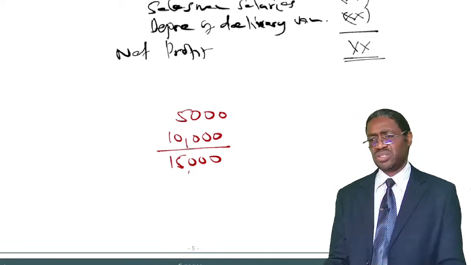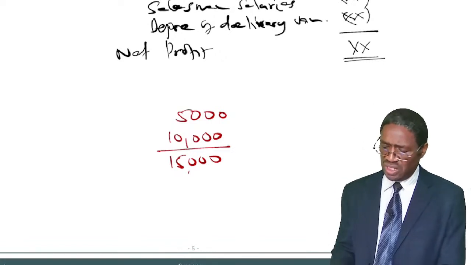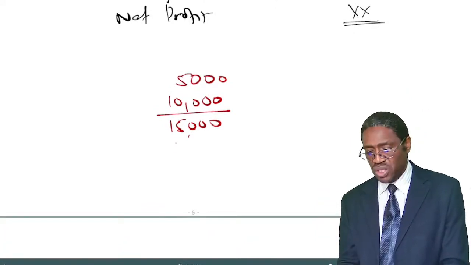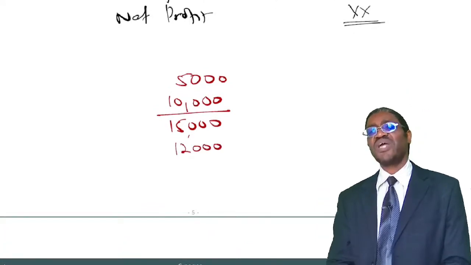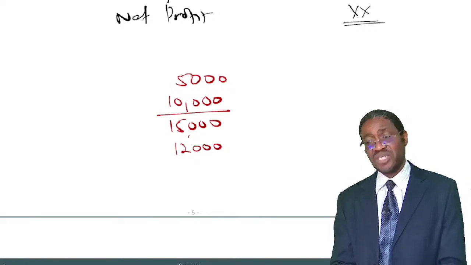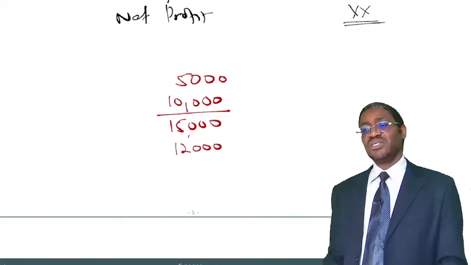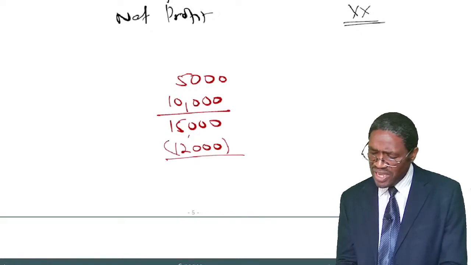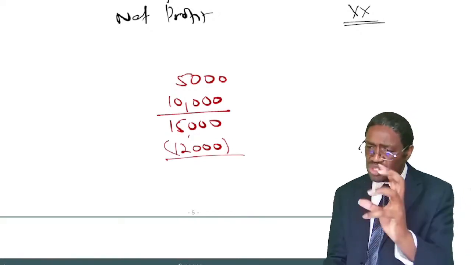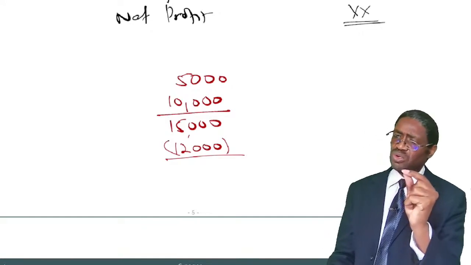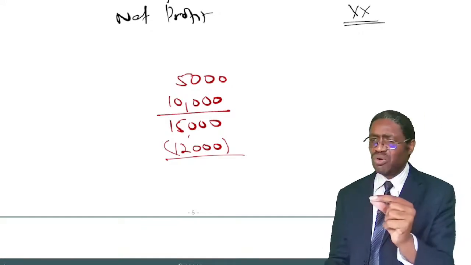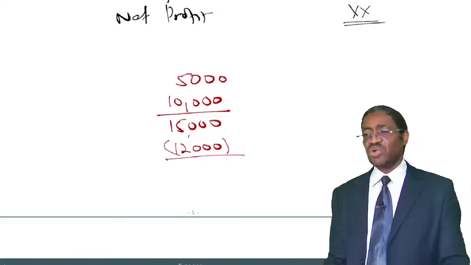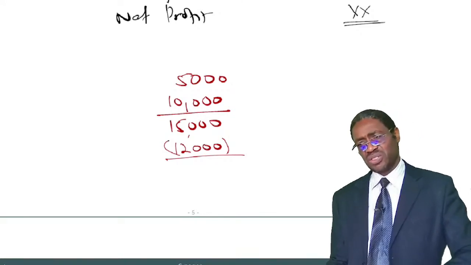But suppose by the end of the year, you value the small tools remaining, and you find they are worth 12,000. I began the year with small tools worth 5,000. I bought some more worth 10,000. So by the end of the year, I should be remaining with small tools worth 15,000.